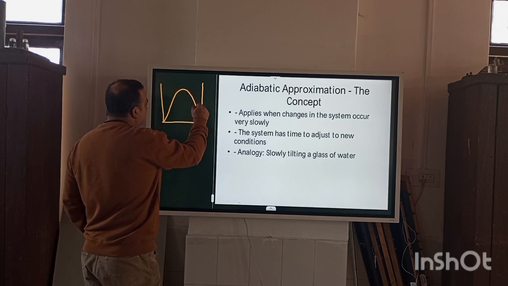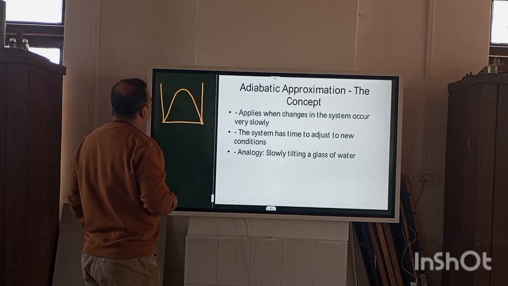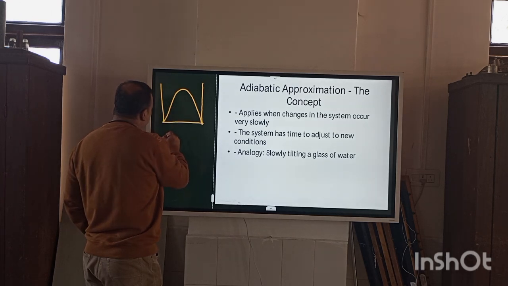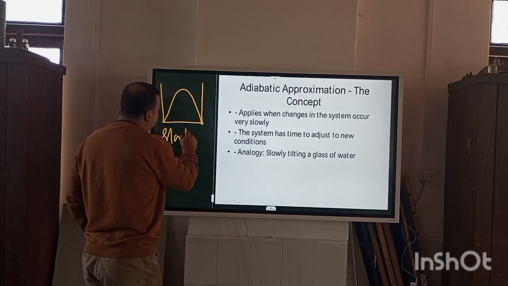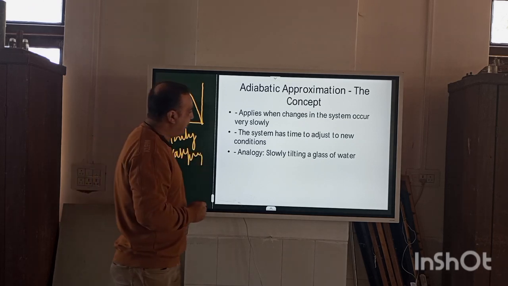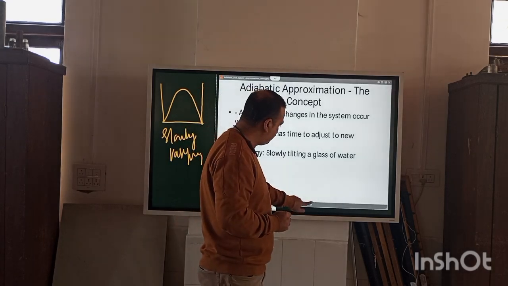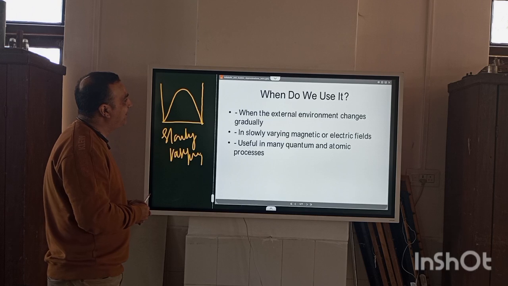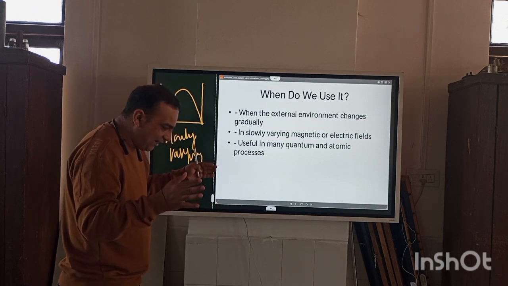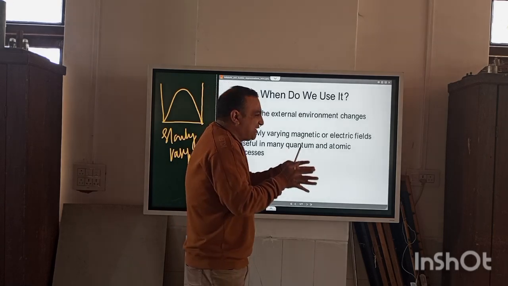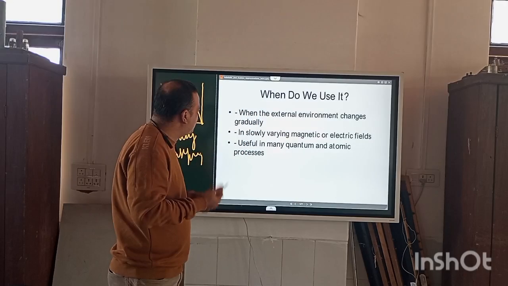So when we talk about the adiabatic approximation, the perturbation that you introduce is slowly varying. We use it when the external environment that you are providing to your system changes gradually, slowly.